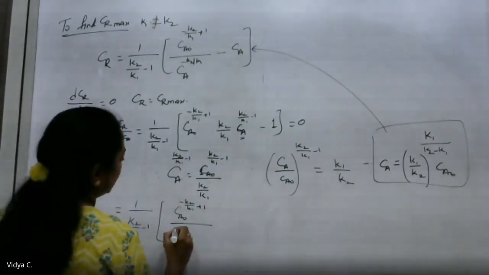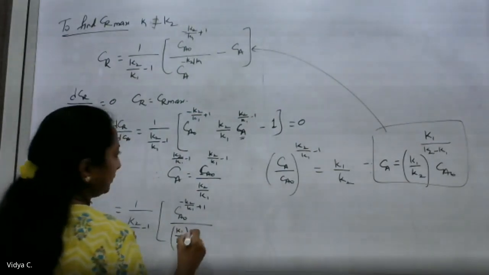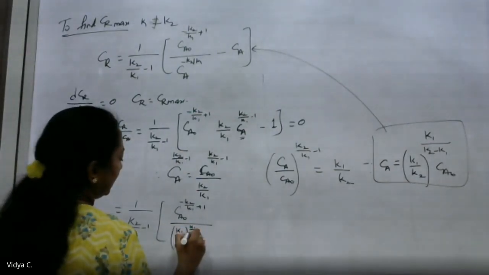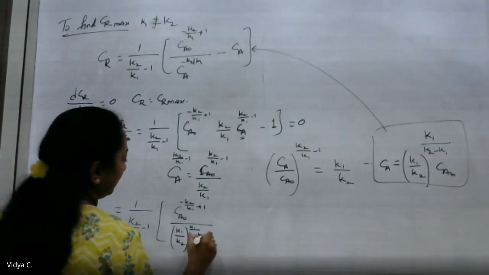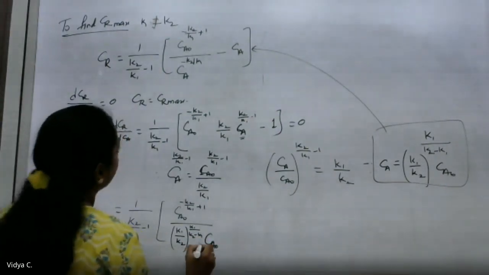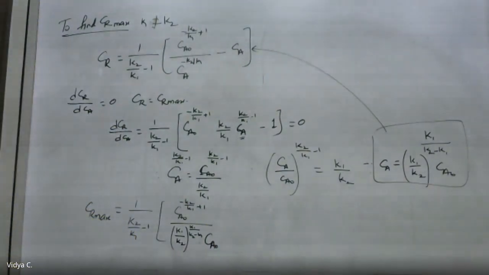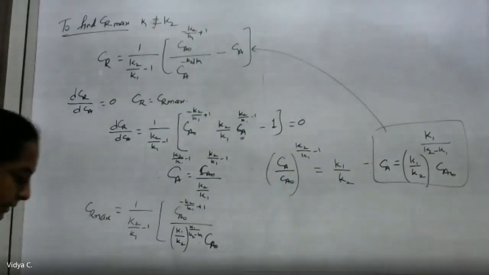I should substitute CA, which will be (K1 by K2) to the power of K1 by K2 minus K1, into CA naught. It is just CA naught, right? CA, yeah, correct.